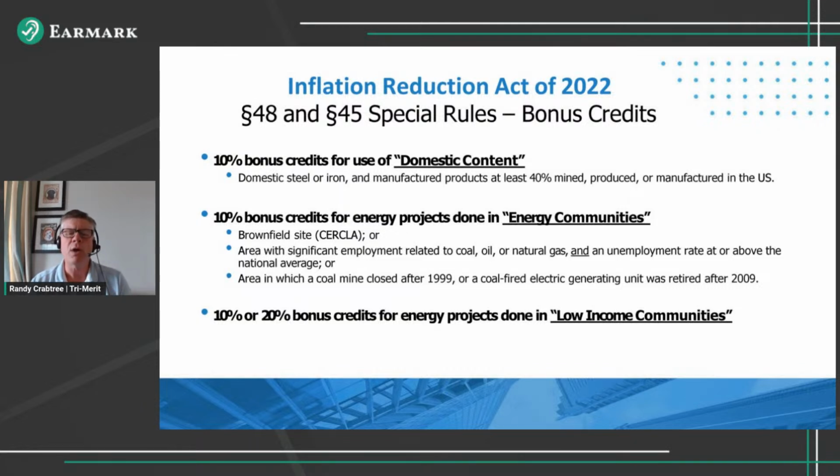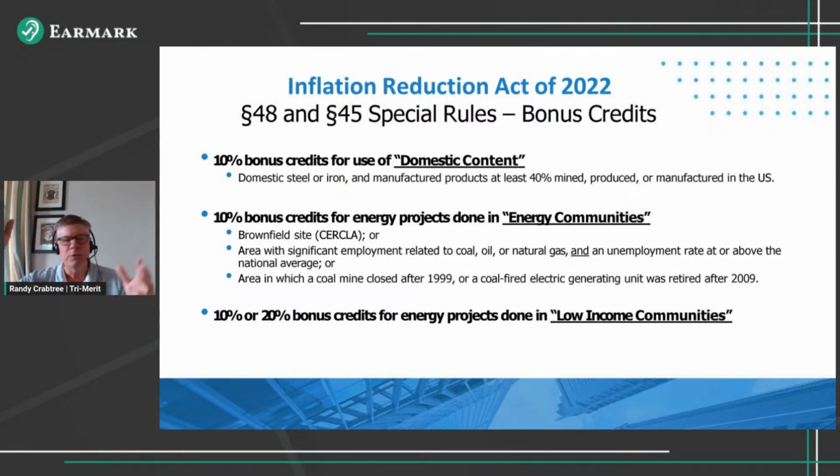If we are doing this project in what's defined as an energy community, so an energy community is a brownfield site or an area that had significant employment related to coal or gas, and the unemployment rate is above the national average, or these are all ors, or we're in an area in which a coal mine closed after 1999, or a coal-fired electric generating unit was retired after 2009, if we meet one of those criteria, we get another 10.